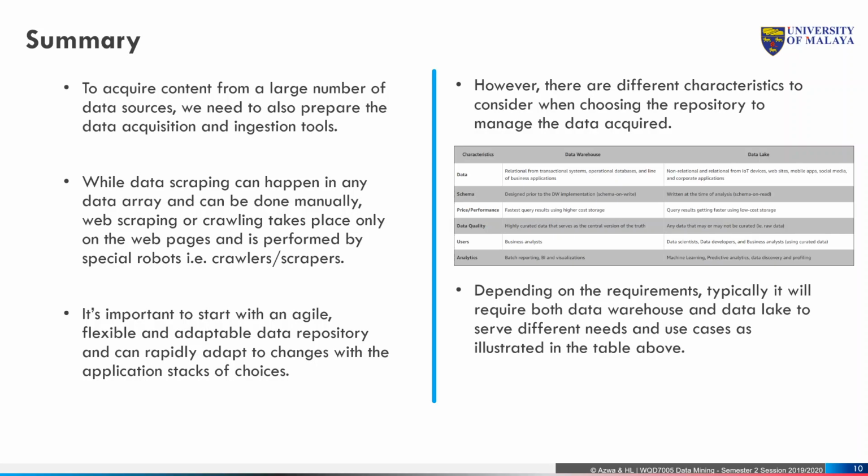And as you see from the demo that we have shown earlier, while data scraping can happen in any data array and can be done manually, do take note, as we have shown in part A of the assignment, that web scraping or crawling takes place only on web pages and is performed by special robots, or in an automated manner, known as crawlers or scrapers.